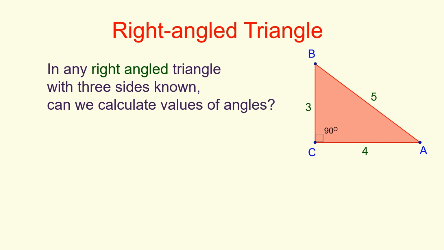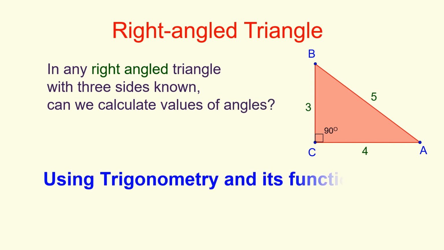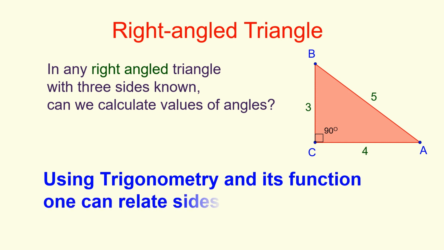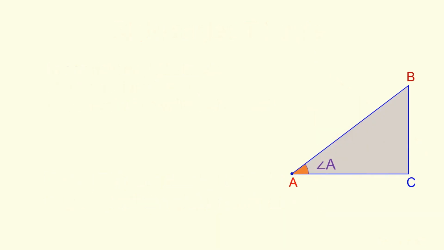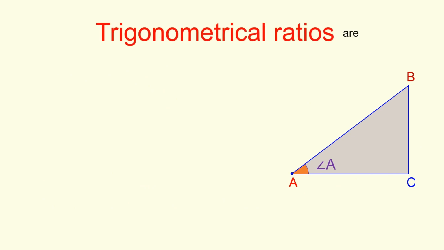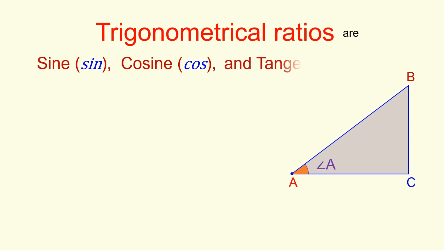In any right-angled triangle with 3 sides known, can we calculate values of angles? Using trigonometry and its function, one can relate sides with angles. Trigonometrical ratios are sine, cosine, and tangent.